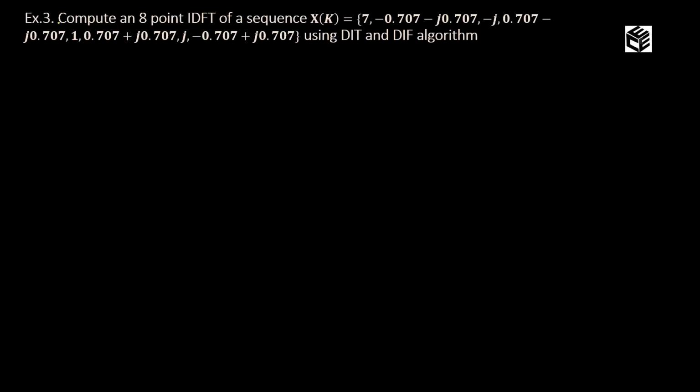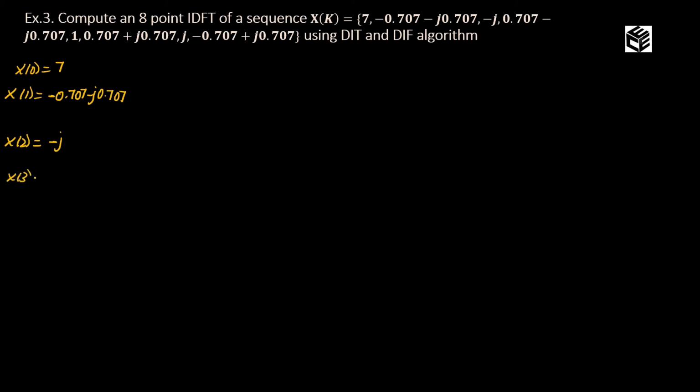Let's solve a problem. Our question is: compute an 8-point IDFT of the sequence X of k. So in the question, X of k sequence is given. X of 0 is equal to 7. X of 1 is equal to minus 0.707 minus j 0.707, and X of 2 is equal to minus j.